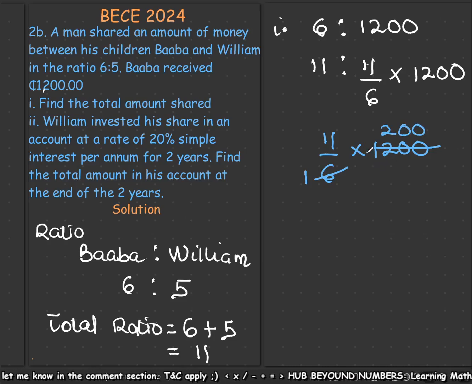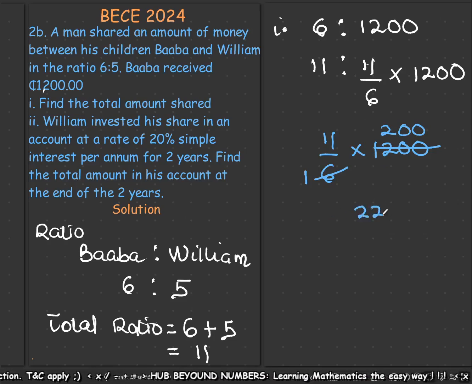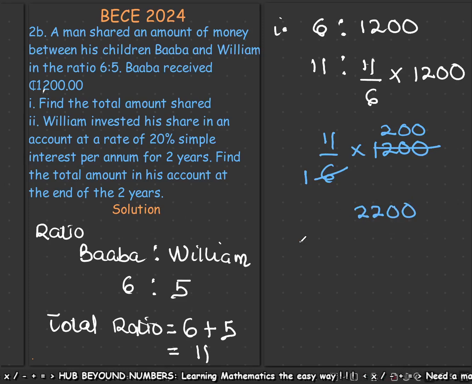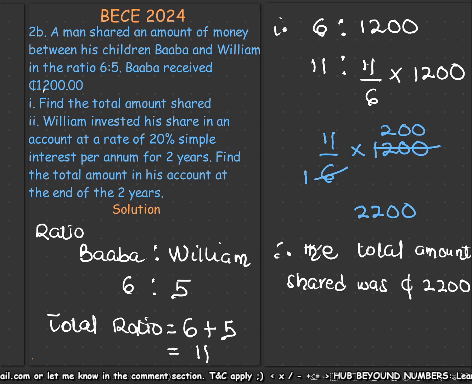Now we have 11 times 200, and 11 times 200 will then give us 2,200. This represents how much was shared altogether, that is the total amount shared. So we say, therefore, the total amount shared was 2,200. Now that is it for the first part of the question.